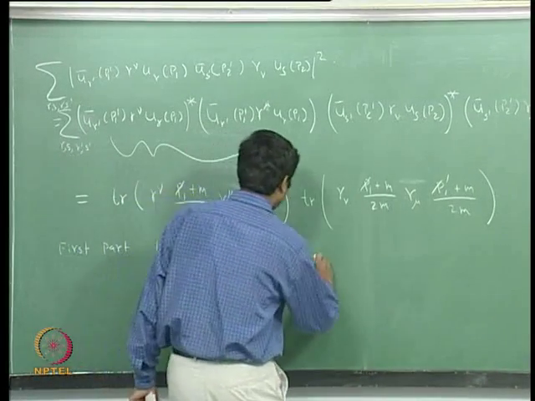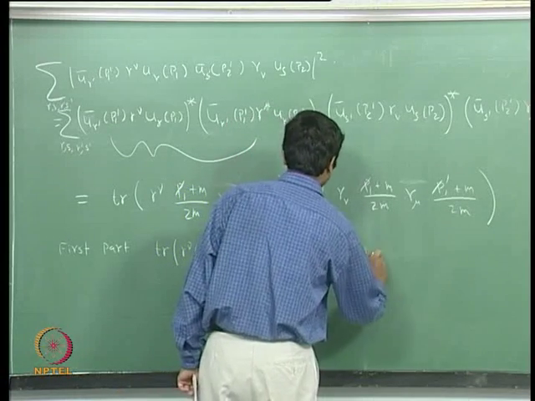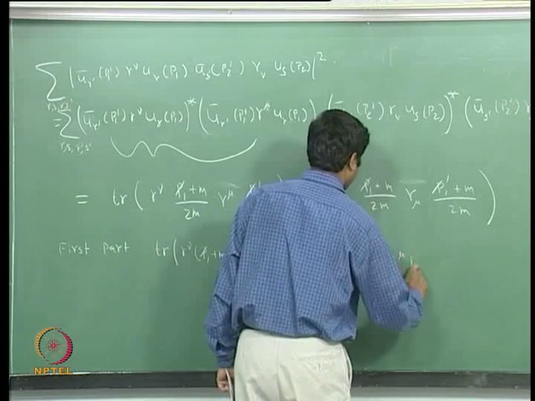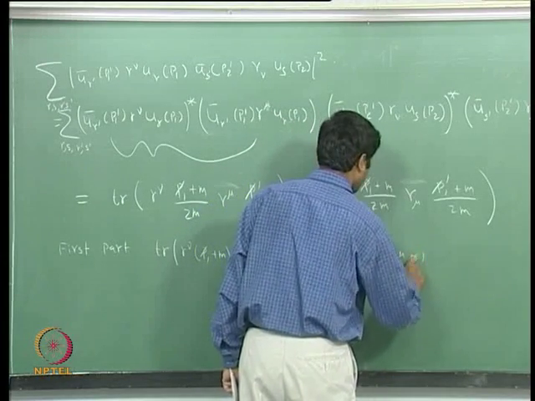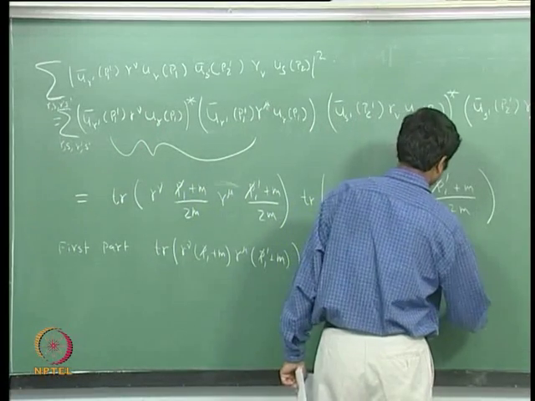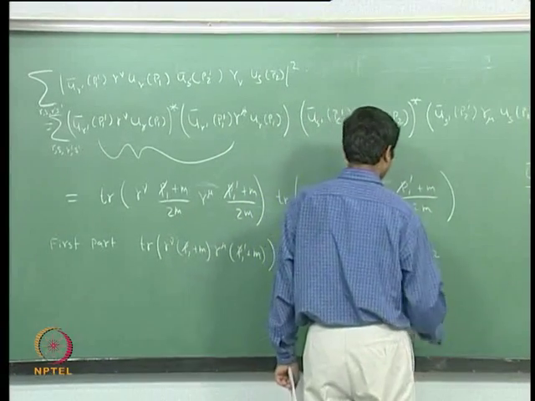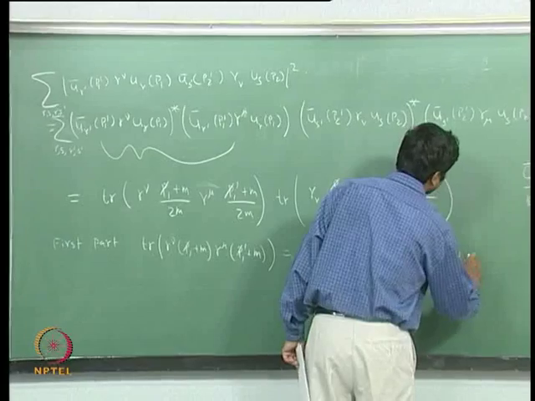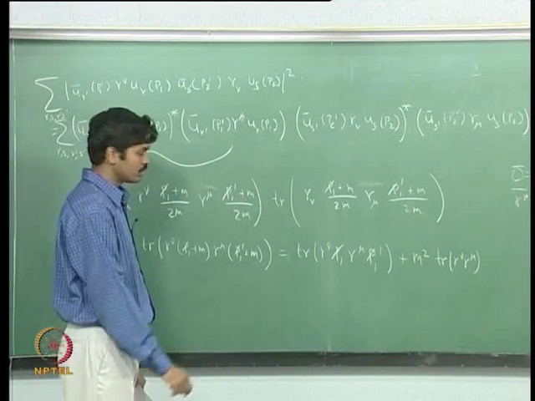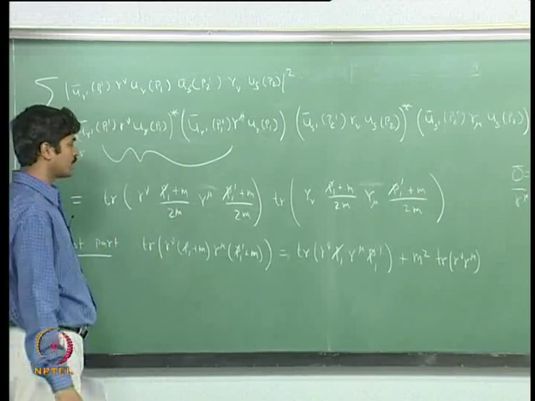So, the remaining 2 terms are the trace of gamma nu P1 slash gamma mu P1 prime slash plus m square trace of gamma nu gamma mu. So, this is what we have in the first part.